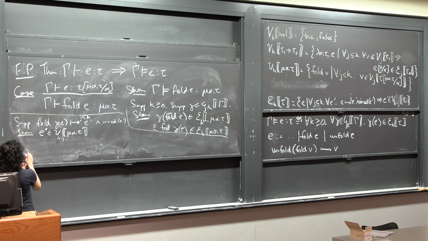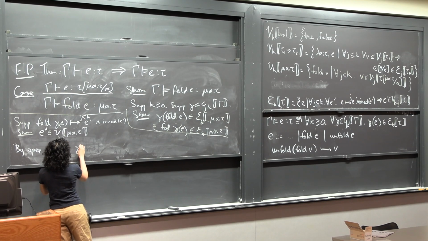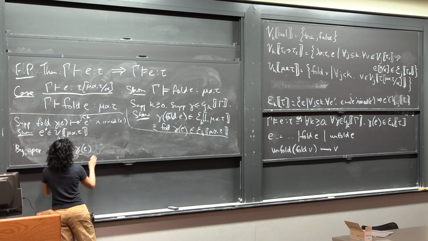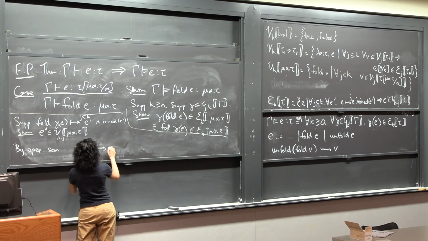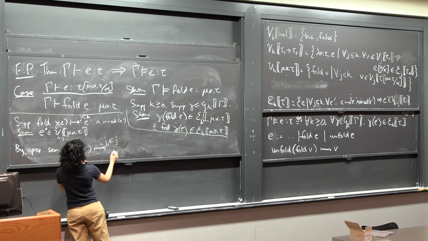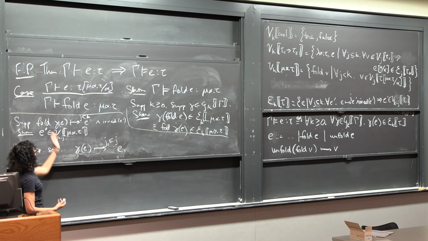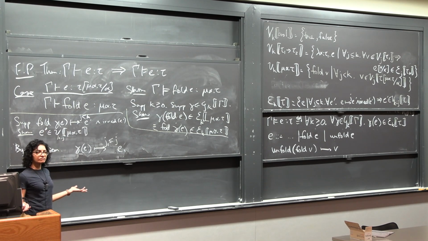So by inspection of the operational semantics, we know that gamma E reduced to some E1 in some J1 steps, where J1 can be less than or equal to J. This is just a sub-computation of this one.